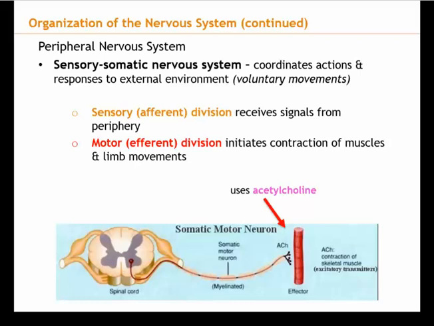So just to sum up everything, just remember the periphery refers to your tendons, your muscles, your eyes, your ears, your skin, everything that receives signals or information about the external environment. Pressure, pain, temperature, sound, sight, that's all external stimuli.